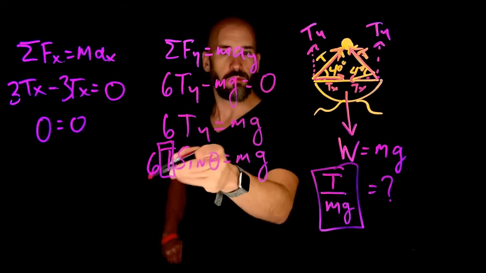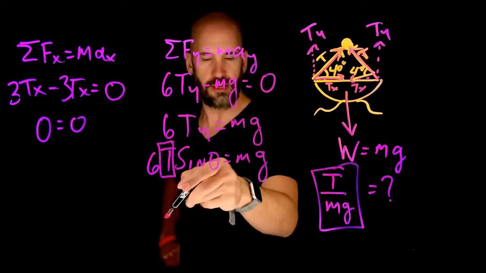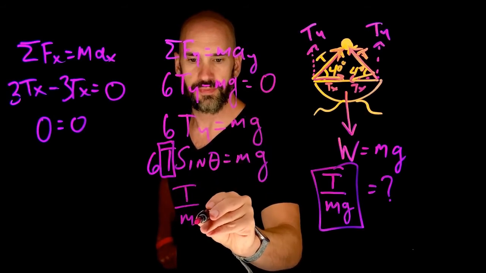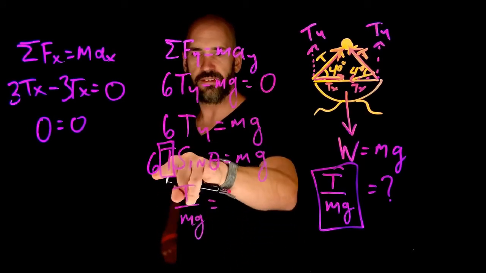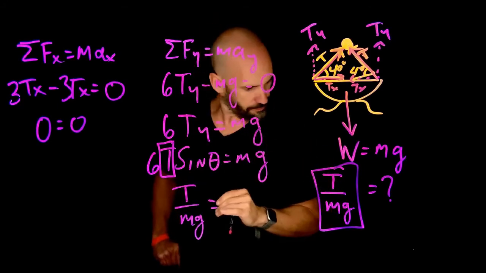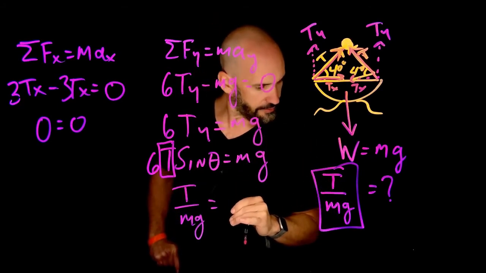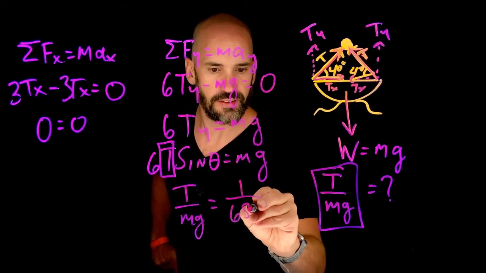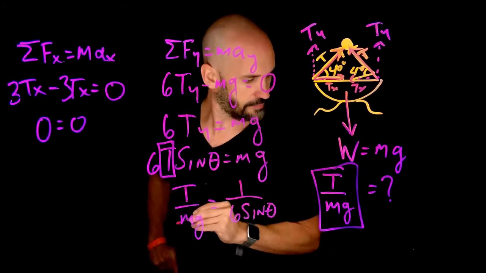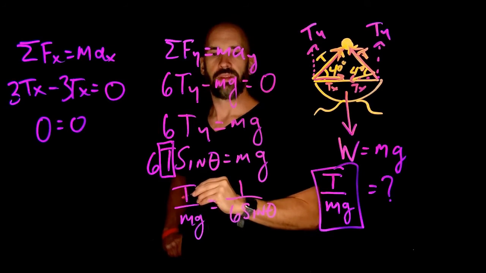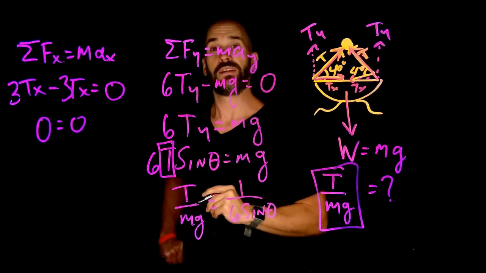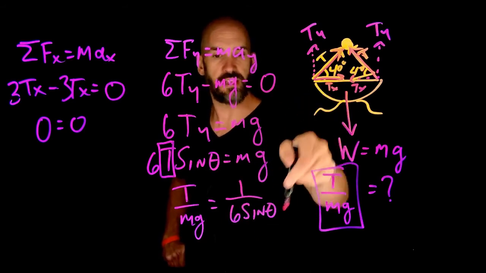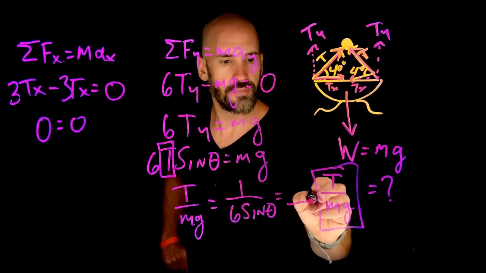Okay, so let's do that. Let's bring this guy over. So I get T over mg, and then I divide the 6 sine theta over here. And so I get 1 over 6 sine theta. Okay? Now, we have our answer. If we just take 1 divided by 6 times sine of 40, we get that ratio.